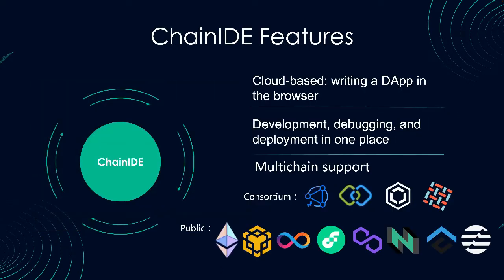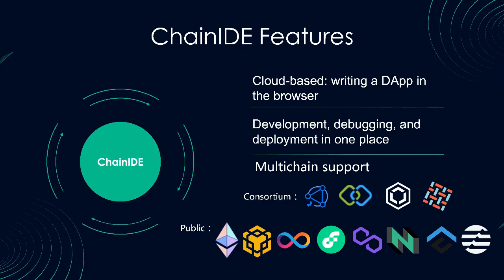As I mentioned, Chain ID is a cloud-based IDE that supports development and debugging for smart contracts, and also a development and testing environment for the front end and the back end. Most important is the multi-chain support. Currently, we support the following blockchains.